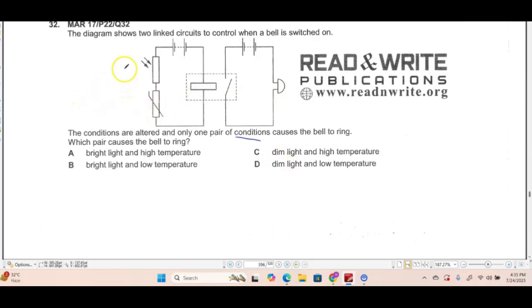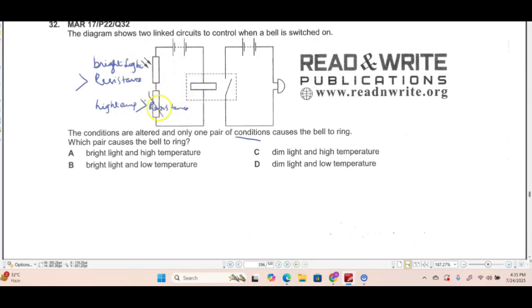So we are going to require a bright light. Okay. Bright light is going to lower the resistance. Bright light, the resistance is going to decrease. Okay, and high temperature with this thermistor. So when the temperature is higher, the resistance is low as well.